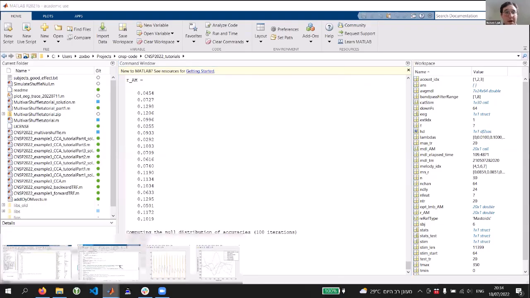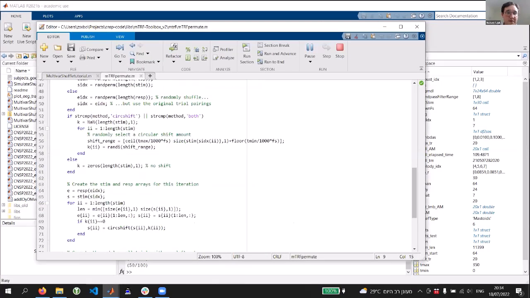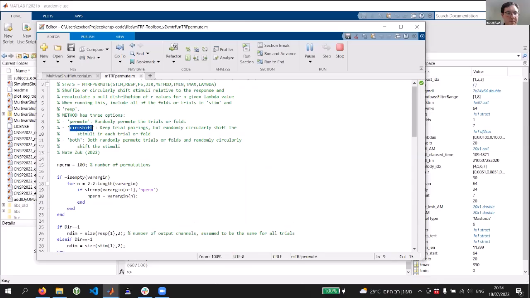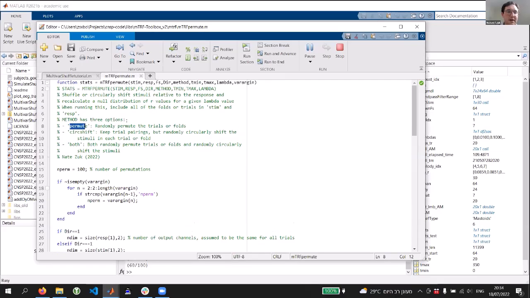Another possibility is permuting. Rather than shifting the trials in time, you just reorder which stimulus goes with which response. So that's another way of getting a null distribution. There are different benefits.